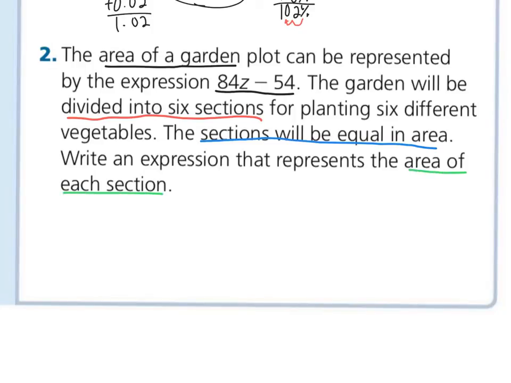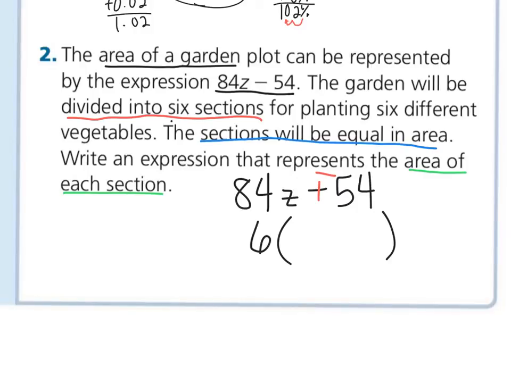So if we look at this, we have 84z minus 54. Since they're subtracting, you can add the opposite there if you'd like. And we have this divided into 6 sections that are all equal. What that means is that, for this to work, if this is divided into 6 equal sections, we should be able to factor a 6 out of this. It's possible a bigger number might work, but for this problem, we have 6 sections, so we want to factor it by 6.